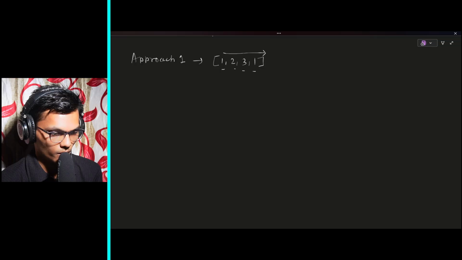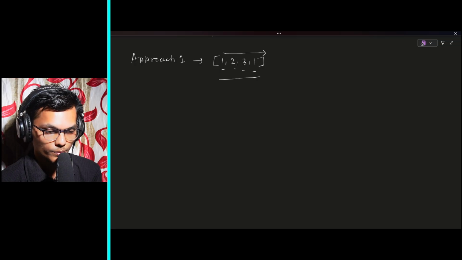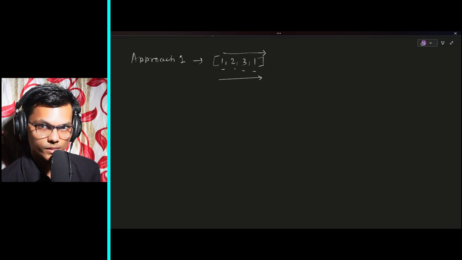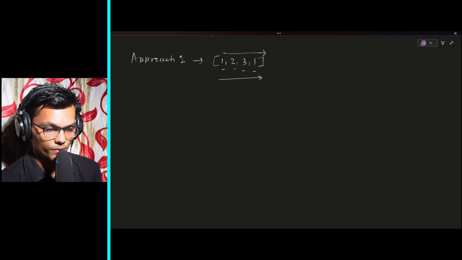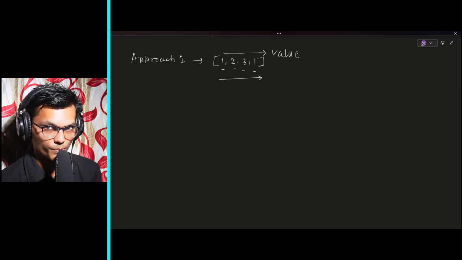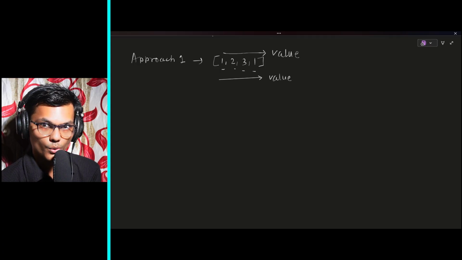Now I can have another loop. So basically we are using a nested loop. This nested loop will also traverse all the elements present in the array. Using the first loop we'll get a value, and using the second loop, which is a nested loop, we'll also get a value. What if we check whether they are equal or not?